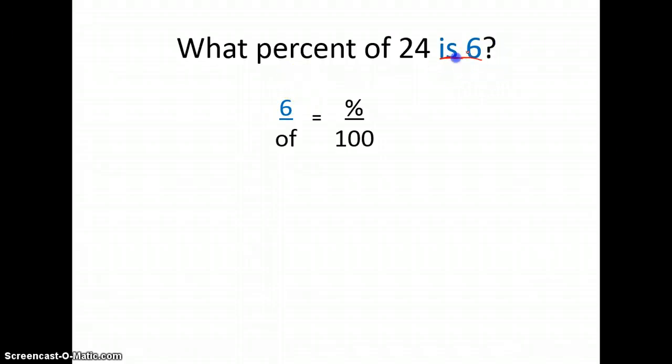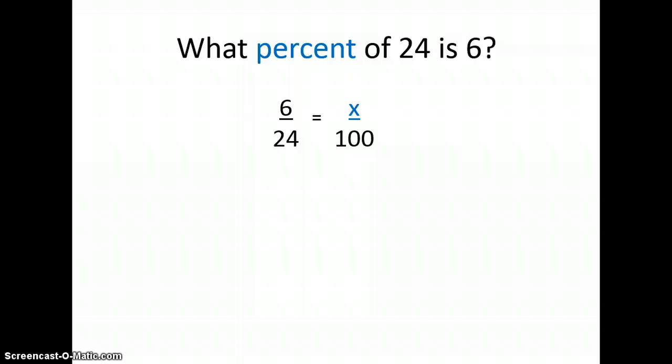This is telling me that the part is 6. Part of what? Of 24. So the part that 6 represents comes from the whole of 24. And I don't know the percent. It's not given in this problem.